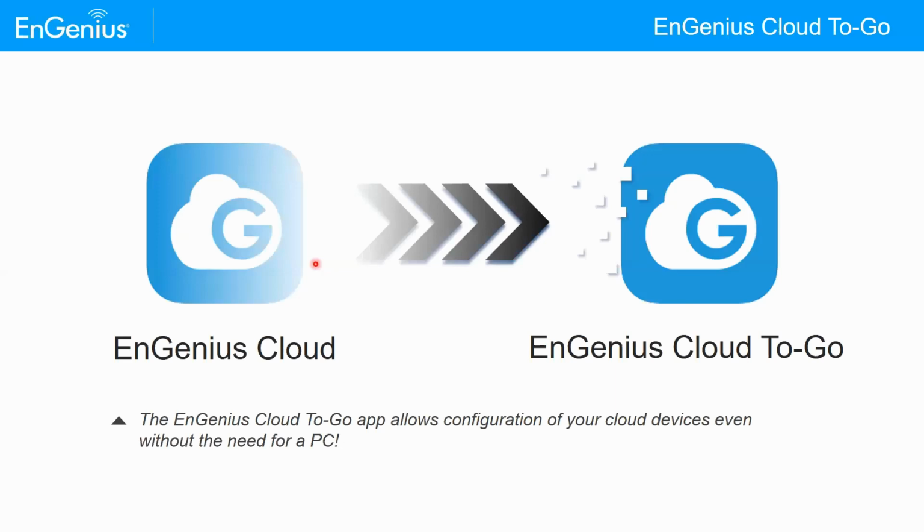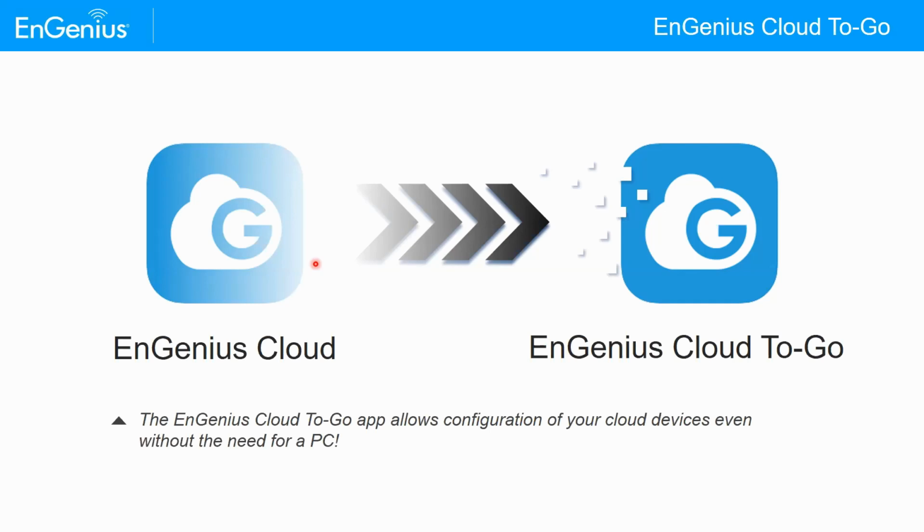So with the app alone, you can register your account, you can add the device, you can set it up. There's going to be a wizard as well, like a walkthrough. For example, it's the first time you're going to add this AP. You can go through a wizard which will run you through the SSID, what password you want, do you want some scheduling, do you want to customize the IP and all that. So there's going to be a wizard that's going to be easy to use from the app.